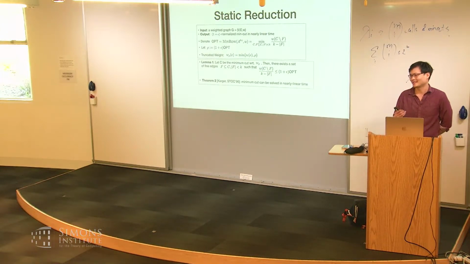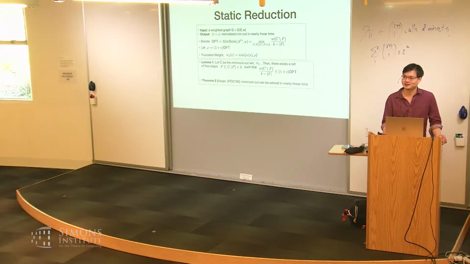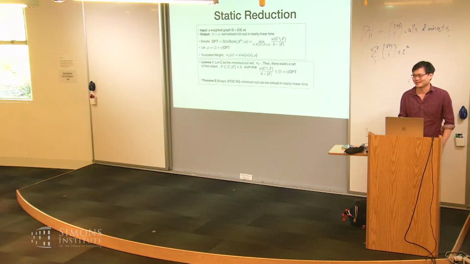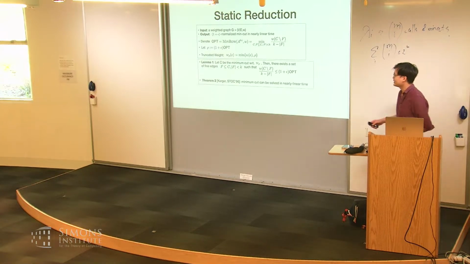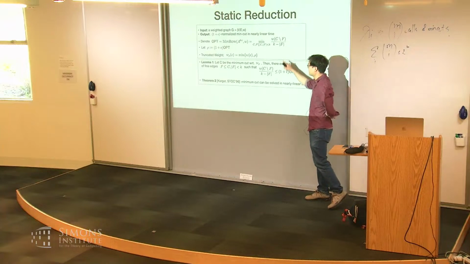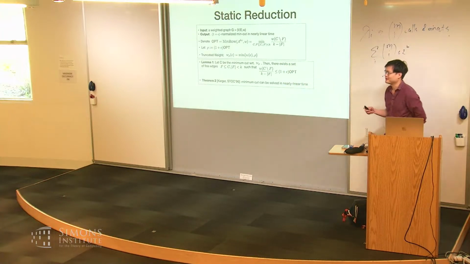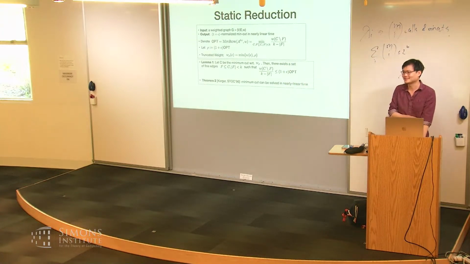It turns out that this technique can be generalized and gives a faster interdiction algorithm. But it's a different topic. So basically this truncation can also be used to speed up the interdiction problem.